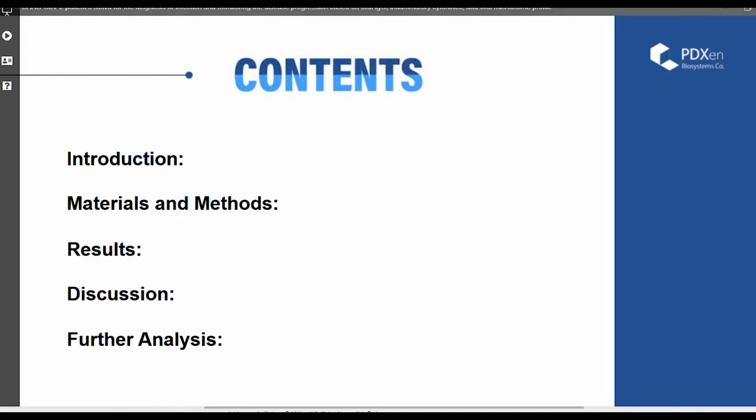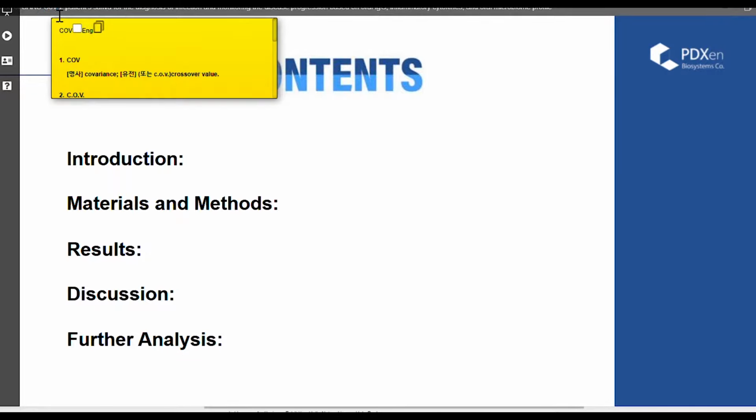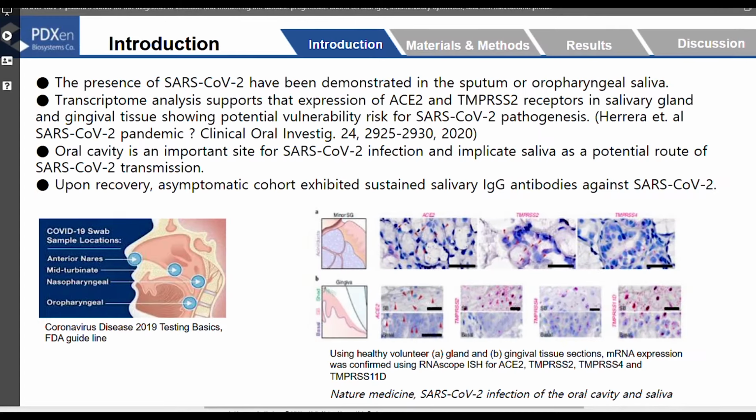The first idea is that COVID-19 basically infects the mouth. Most people found that the gingiva and the salivary gland express ACE2 and other COVID-19 receptors.